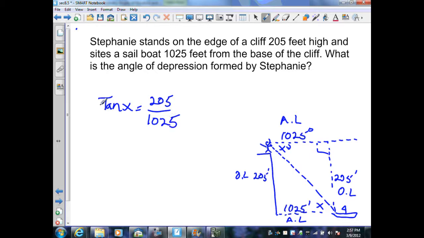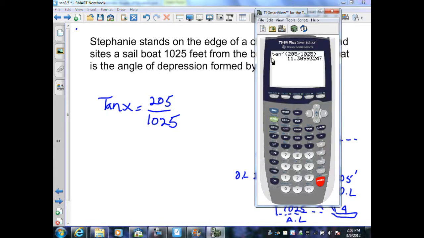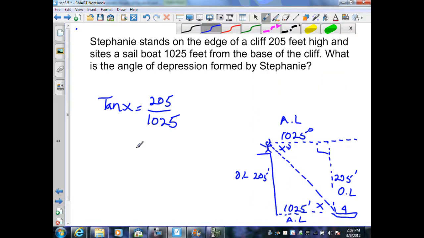Now I'm finding an angle, so I need to use my calculator. I use second tangent because I'm finding an angle, and then just enter my ratio, which is 205 over 1,025. After doing that, I get an angle of 11.3 degrees. Therefore, when I round to the nearest degree, the angle of depression is 11 degrees.